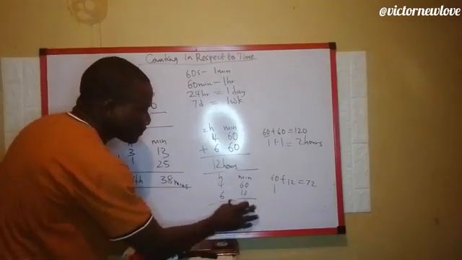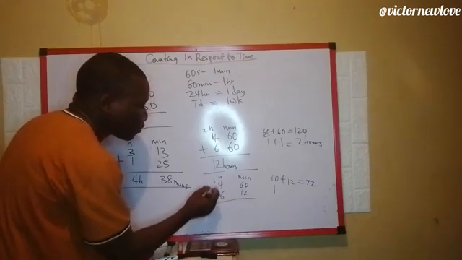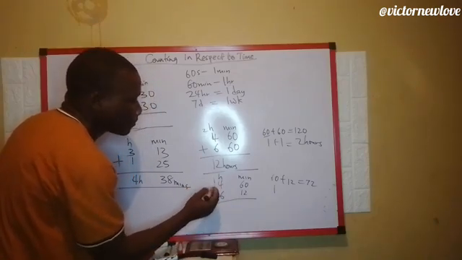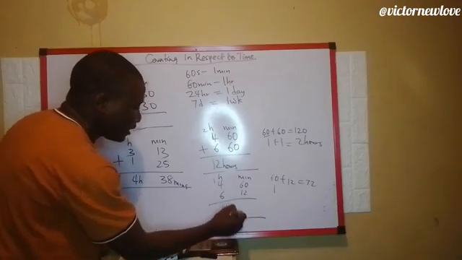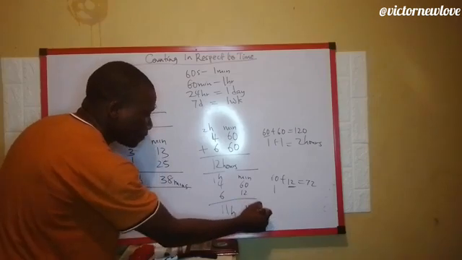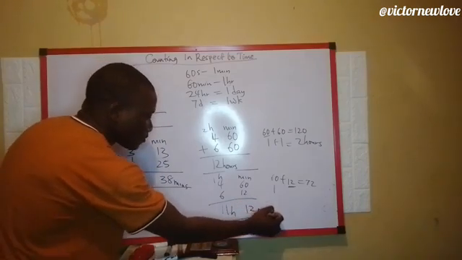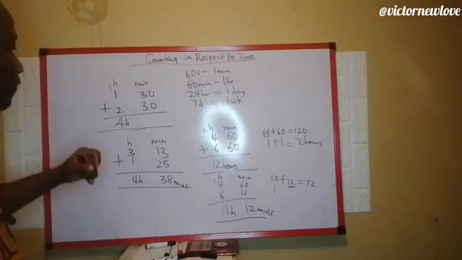So meaning that you will add 1 hour here. What's 4 plus 1? 5. Plus 6, 11. Now, if you have 11 hours here, what you have left now is what? 12 minutes.